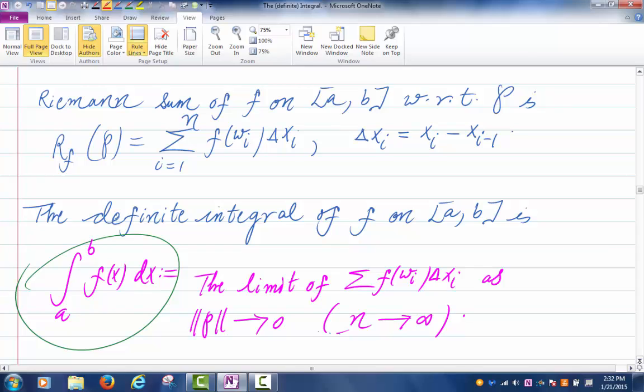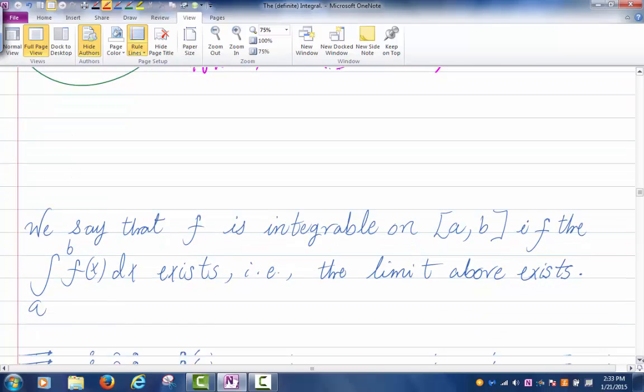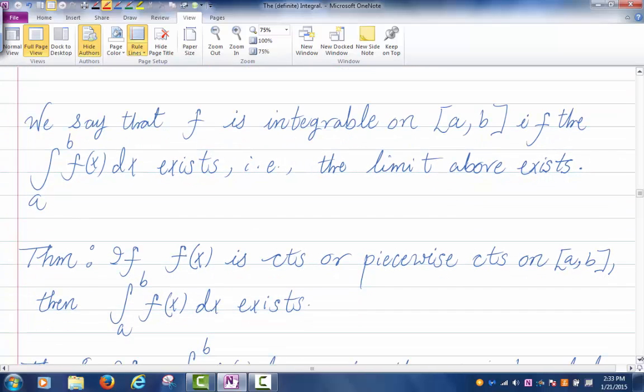So the question is, for what type of functions are we guaranteed that the definite integral will exist? Do we know that? And the partial answer is, if you know that the function is continuous or piecewise continuous, then you know that the definite integral will exist.